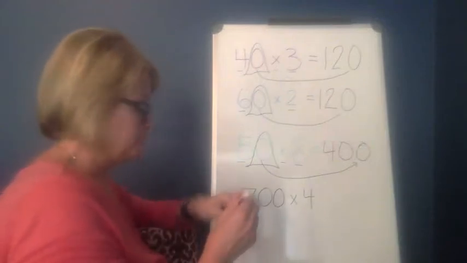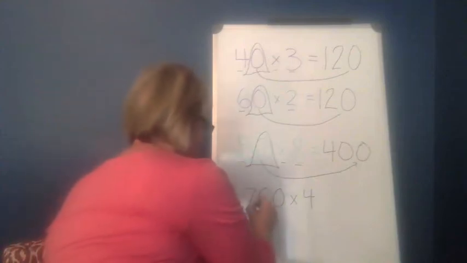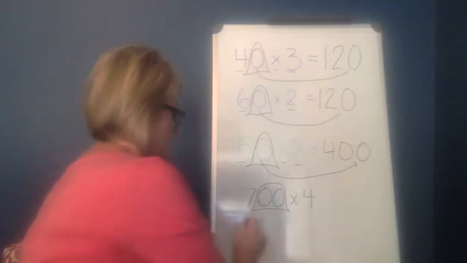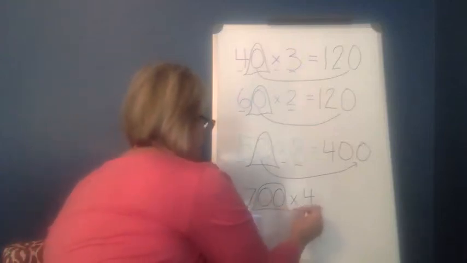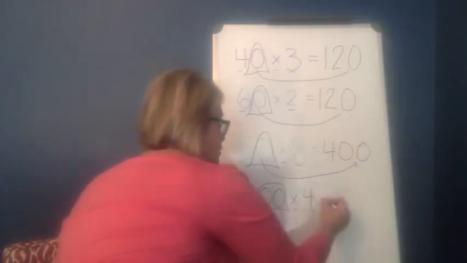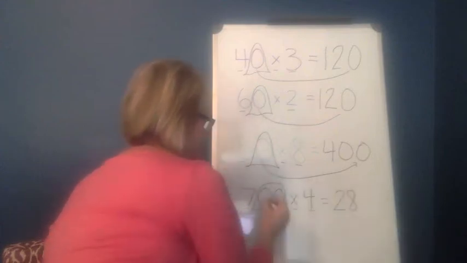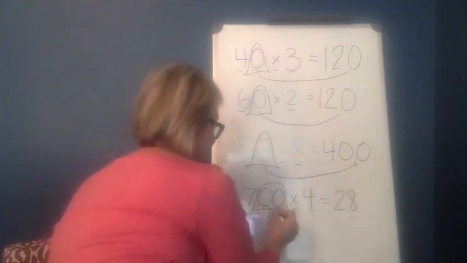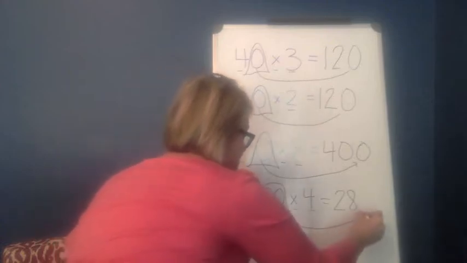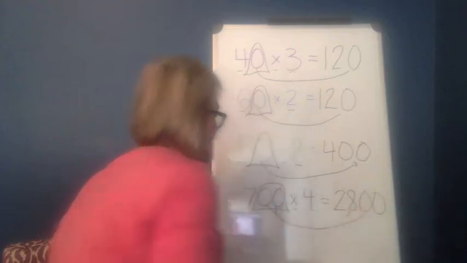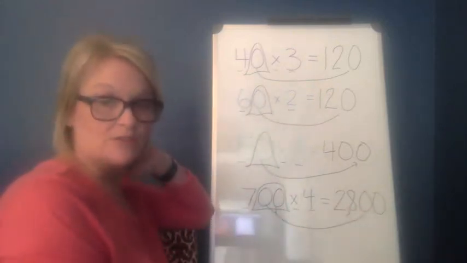But it's okay, because I am going to put both zeros in the invisibility cloak. And then I'm just left with 7 times 4. 7 times 4, we know, is 28. And I can take both of these zeros out of the invisibility cloak and move them to the end. And I get 2,800.